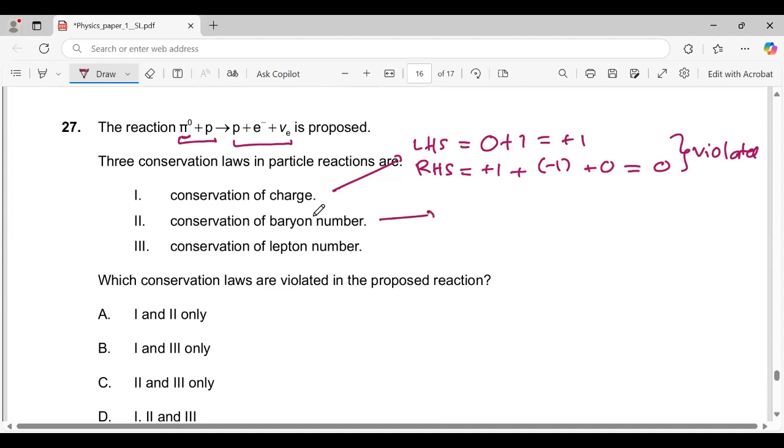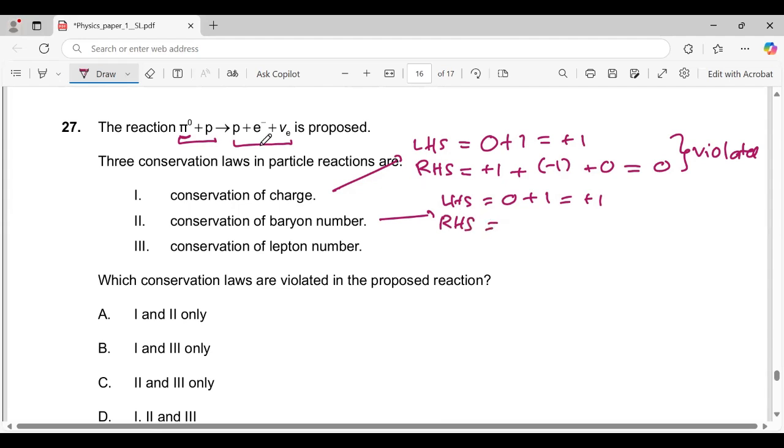Now conservation of baryon number. Looking at the left hand side and right hand side, the pi zero has baryon number zero and the proton has baryon number one. Left hand side: zero plus one, positive one.